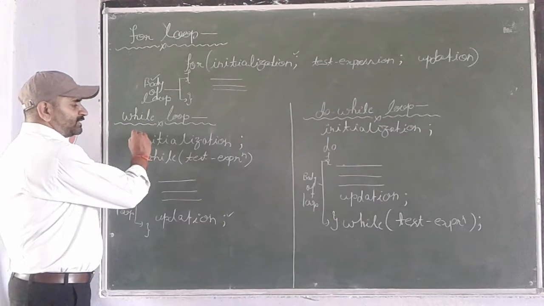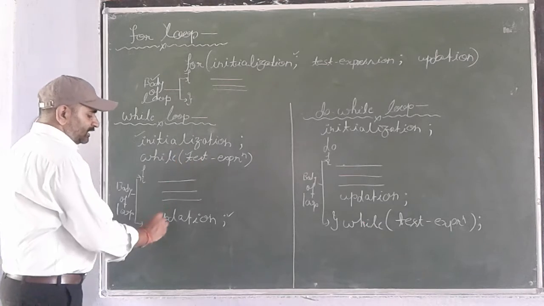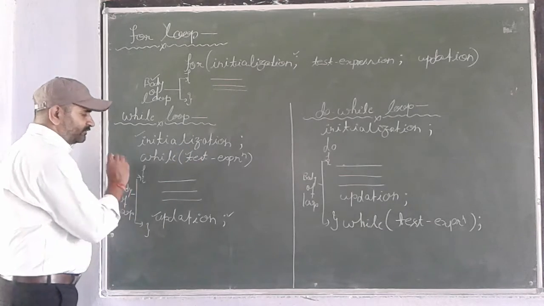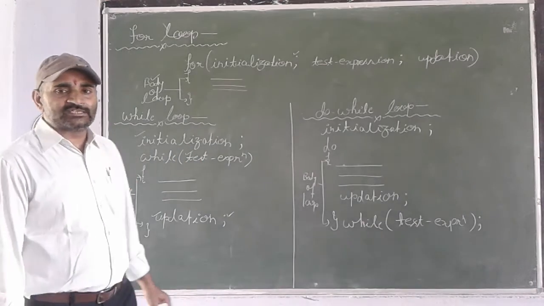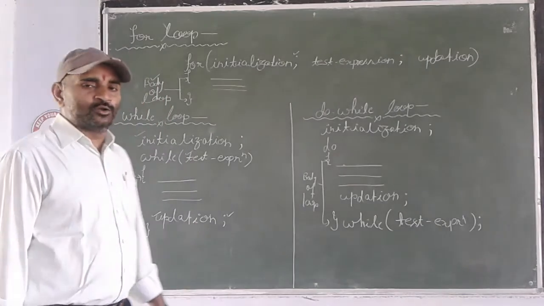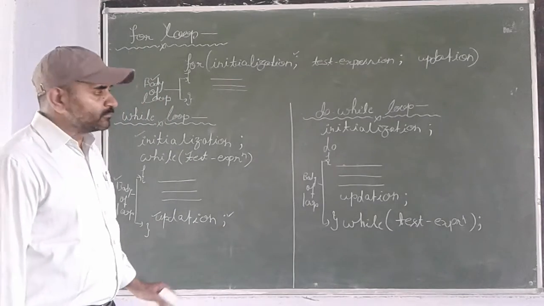So, initialization, test expression, updation, and body of the loop, all four components we can arrange in the while loop in this way.